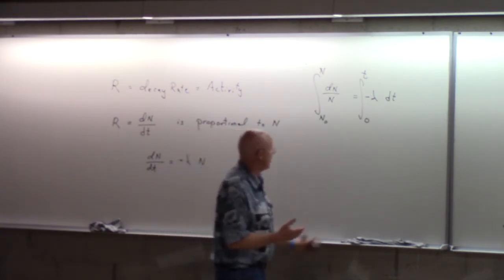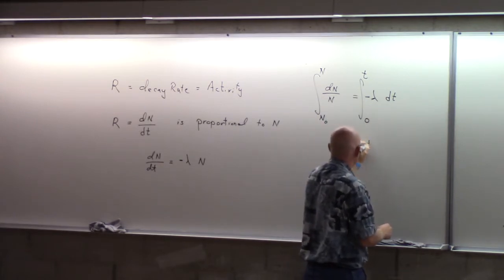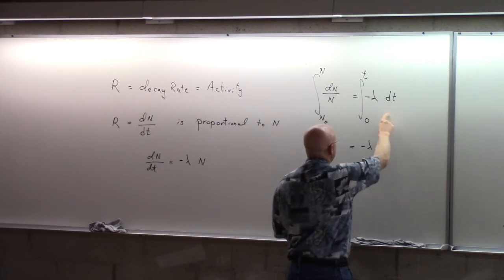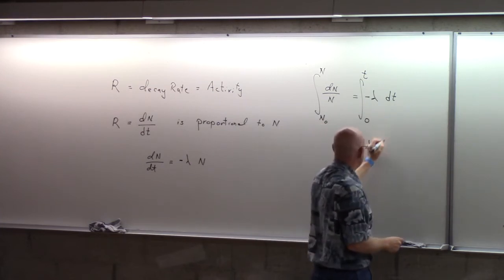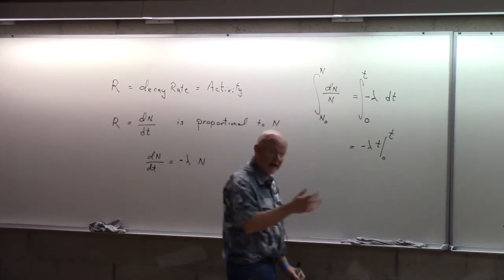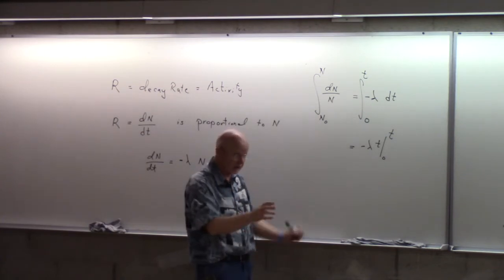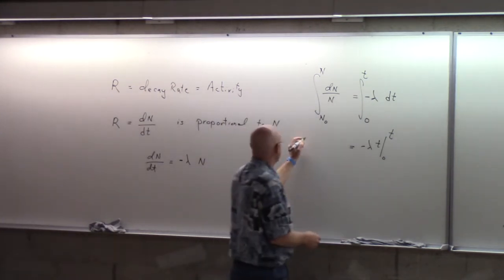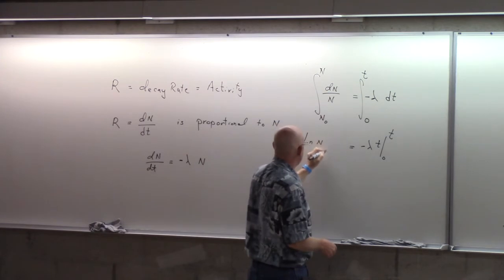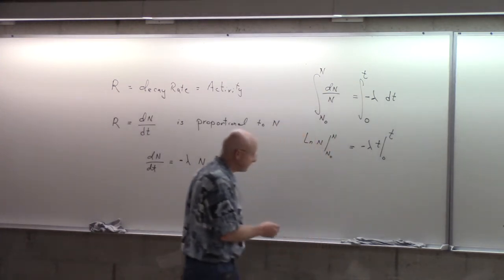And so if we solve this differential equation, or now we integrate it, I'll get a minus lambda, and on this side, I would get t evaluated from 0 to t. And this is that fancy one, but since we've seen it a lot, and you guys have been telling me the answer really well, this is the natural log. So this would be the natural log of N evaluated from some initial to some final value.